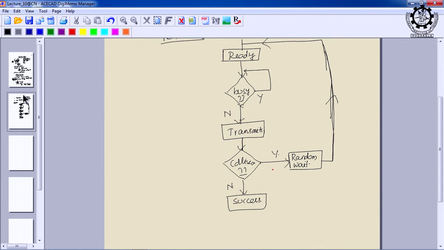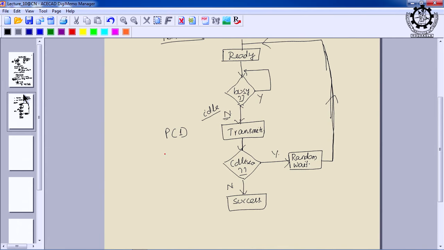This is the persistence MAC protocol. Now, why do you say it is 1-persistence and why P-persistence? In 1-persistence, when it finds the channel to be idle, it immediately transmits with a probability of 1. That means I must send when I get the channel.